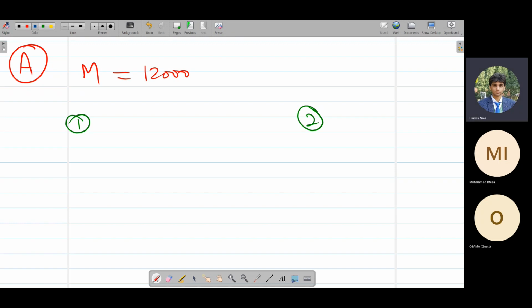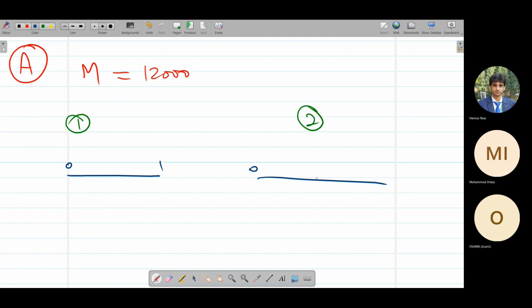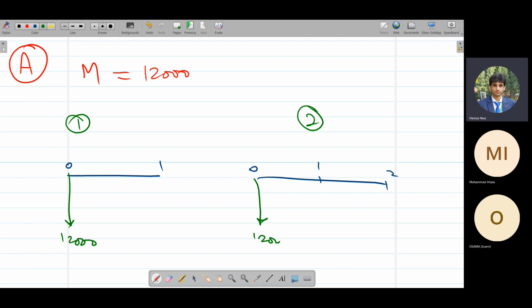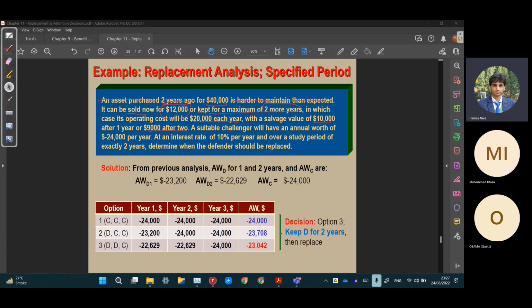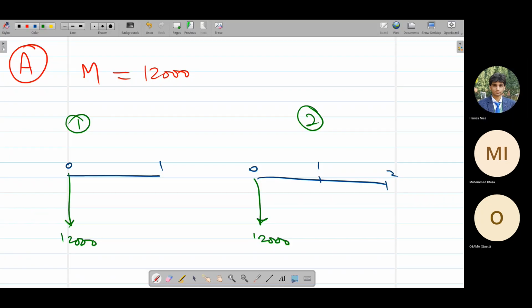So just draw the diagram. At year one, this will be 0, this will be 1. At year two, 0, 1, 2. The current value is again 12,000 in each case, so that's always the same. At year one, they're saying that the annual operating cost will be 20,000, and again 20,000 for each year.